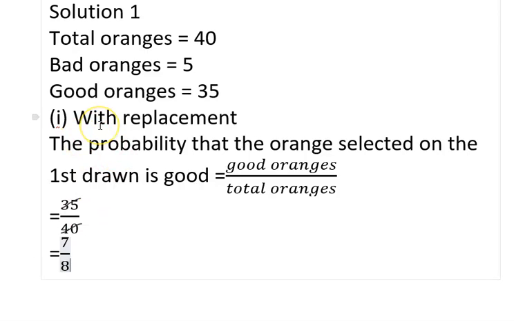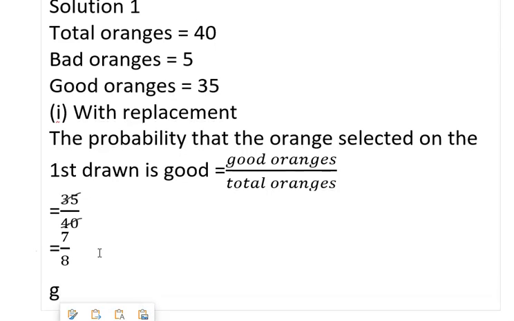Now, that's the first draw. But we are dealing with replacement. That's the first draw. So with this, we can now say, let's make use of this. That's the first draw. But what? The orange is replaced.